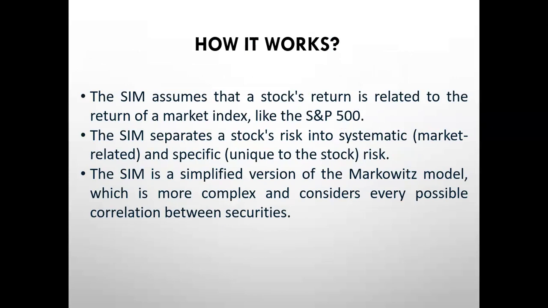Systematic risk is basically undiversifiable risk: market risk, interest rate risk, inflation risk, all of these come under systematic risk. Company specific risk is unique to the particular stock or security only. This is a simplified version of the Markowitz model, which is more complex and considers every possible correlation between the securities.